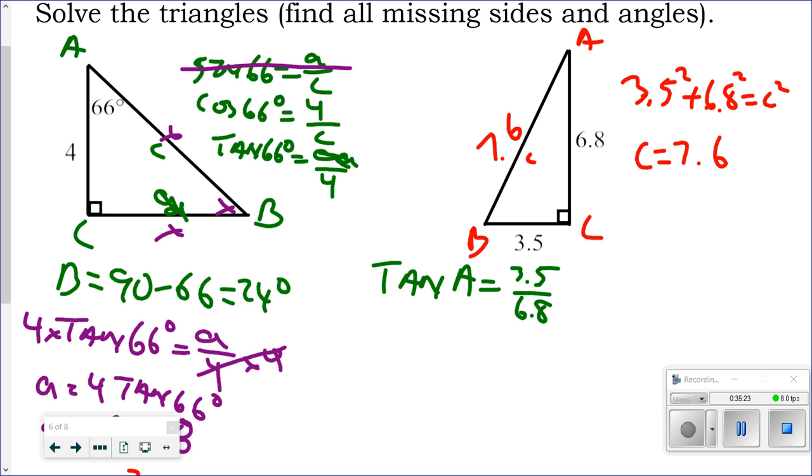Here's the problem. We can't take the tangent of angle A because we don't know what angle A is. We have to find angle A. This is where you use your inverse trig functions.